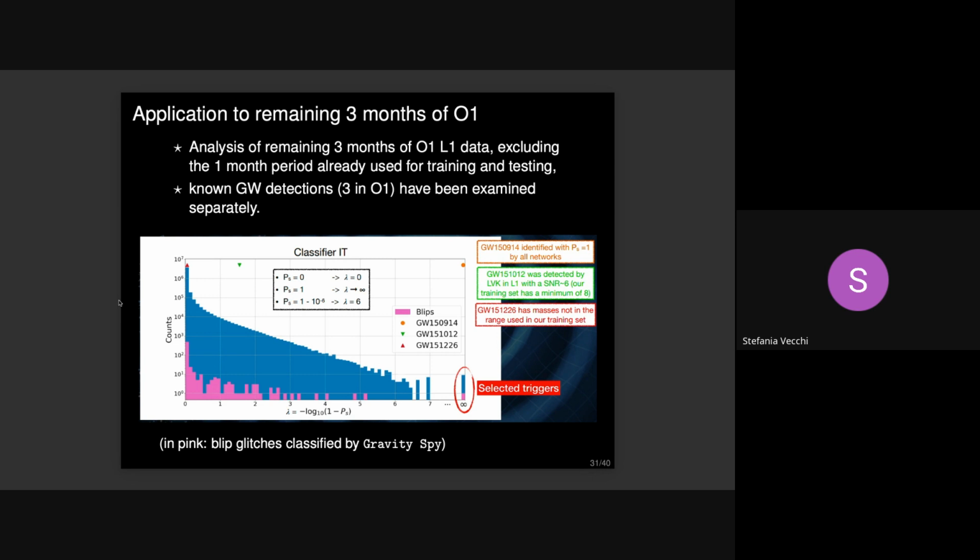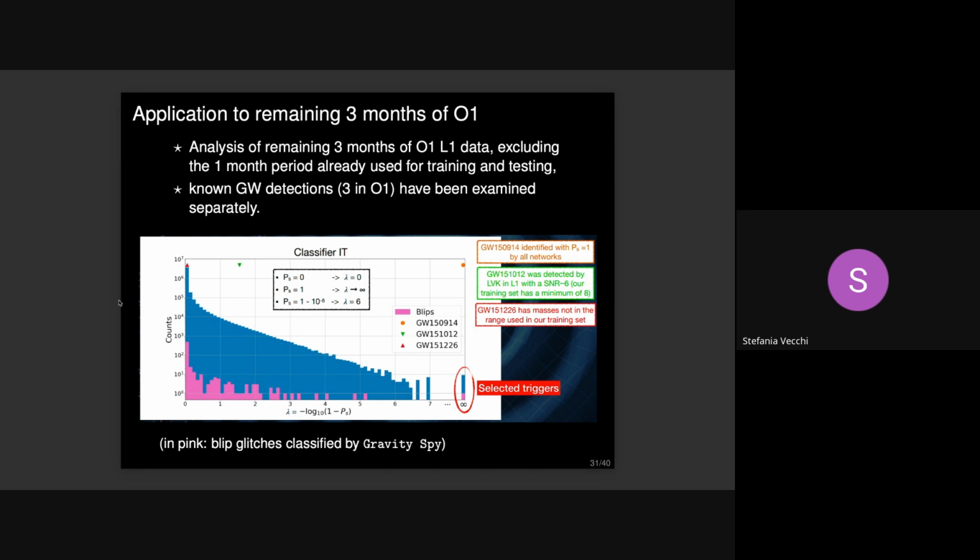We ran this through our classifier. This is the histogram. As we expected, most of the glitches were classified as glitches, except one. There is one that has this lambda equal to infinity, which means probability of being a signal equal to 1. These other cases here are our injections, our testing sample.